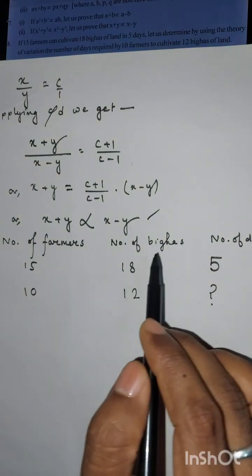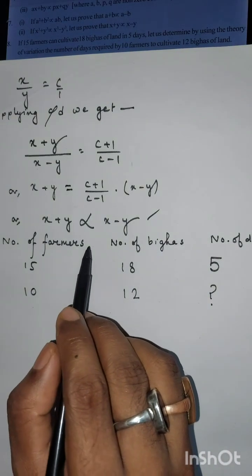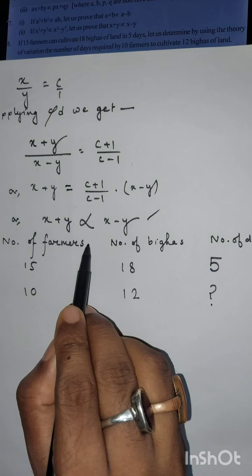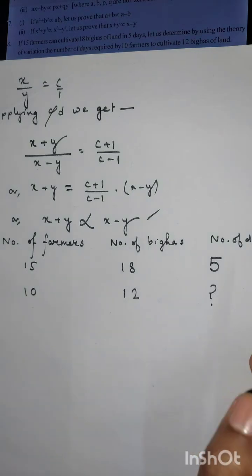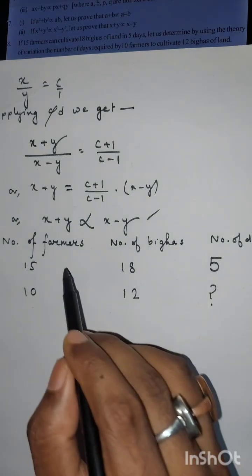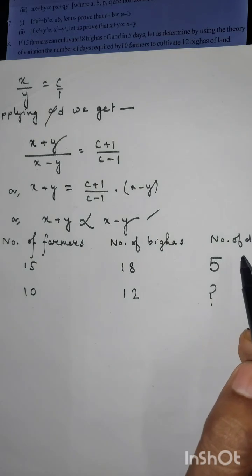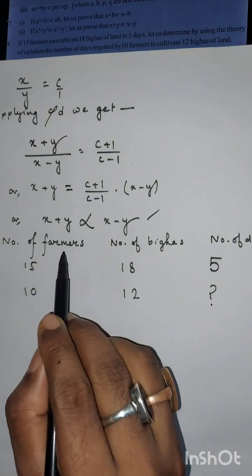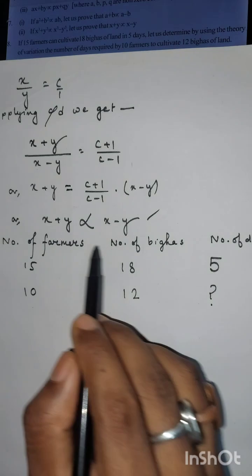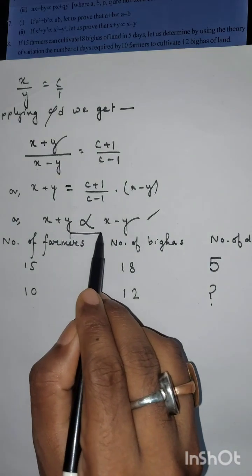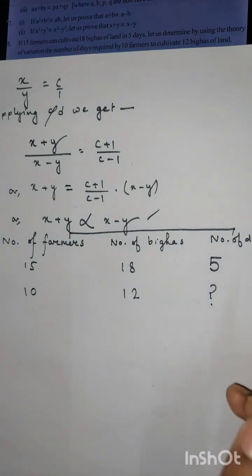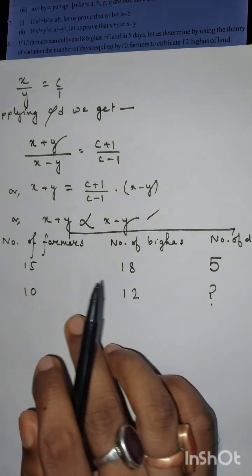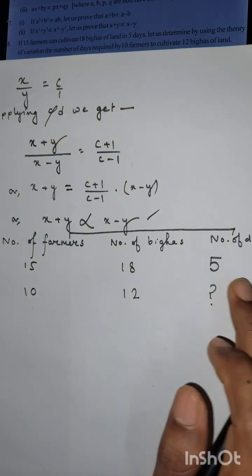So number of farmers and number of bighas. Okay, number of farmers and number of days, let us say.